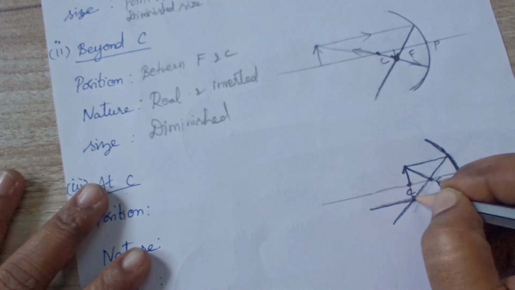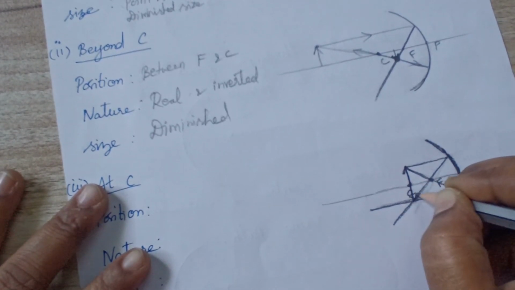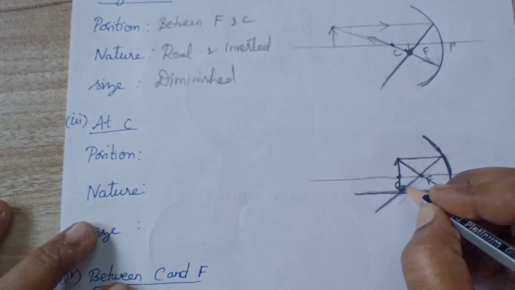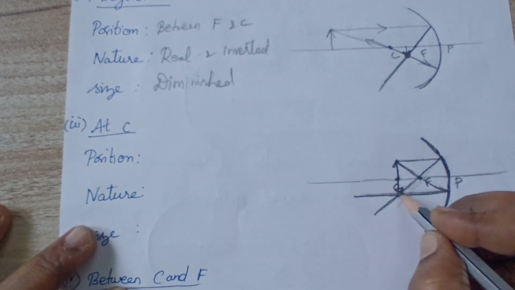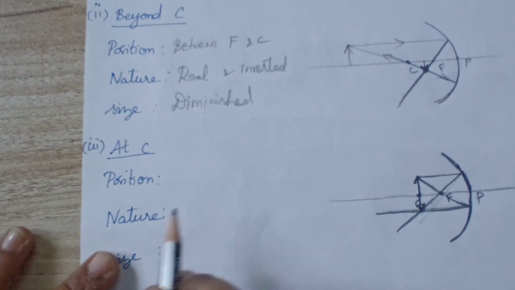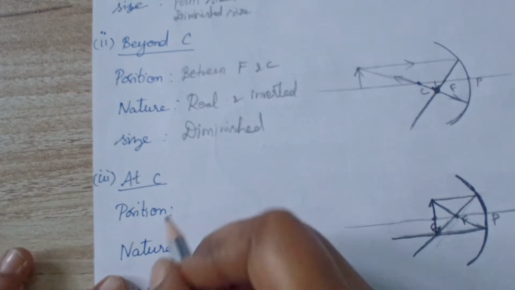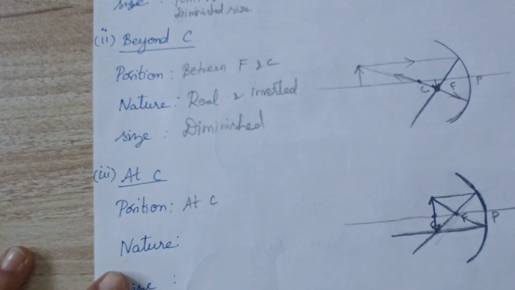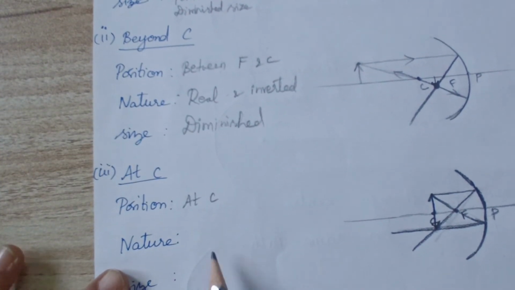The meeting point is here, and this is your position of the image, right? When the object is at C, the position of the image is at C itself. What is the nature of the image?